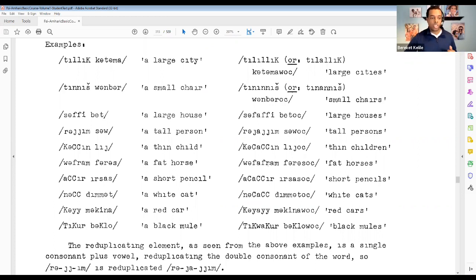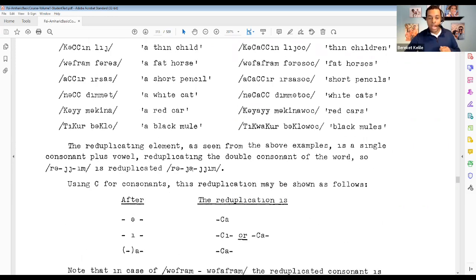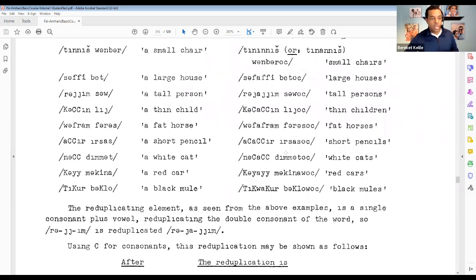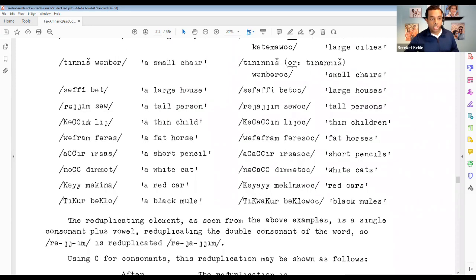Remember, those glottalized consonants are cha, as you can see here, cha, ka, ta. Those ones tend to take the vowel afterwards, as in kajin becomes kajachin, achur becomes achachur, nuch, nuchach.